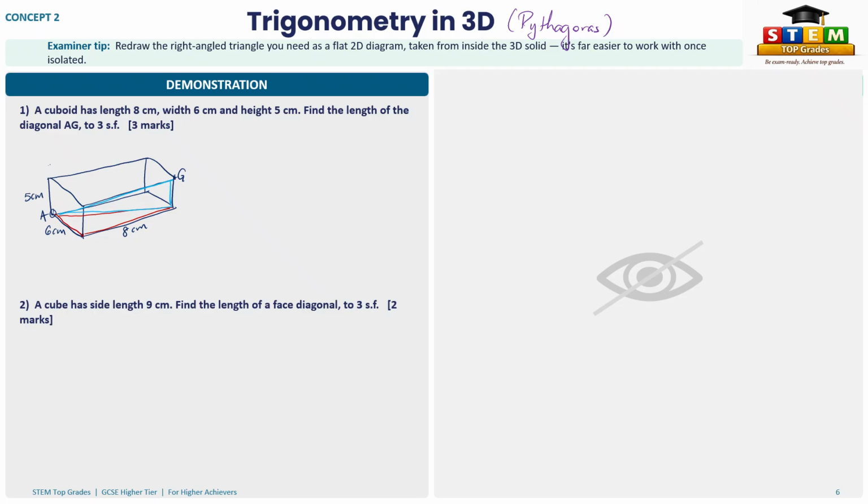Now that you've seen the triangles, you can understand why I'm going to label certain vertices. Let's call that A, B, C for the red triangle, and for the blue triangle we have A, C, G. So two different triangles. Let's move on to the red triangle.